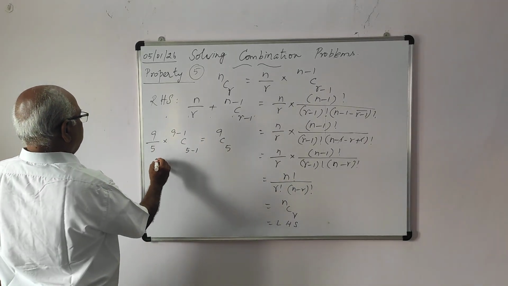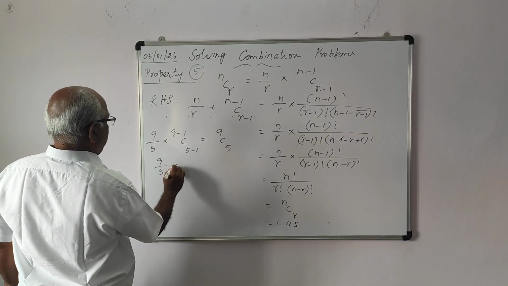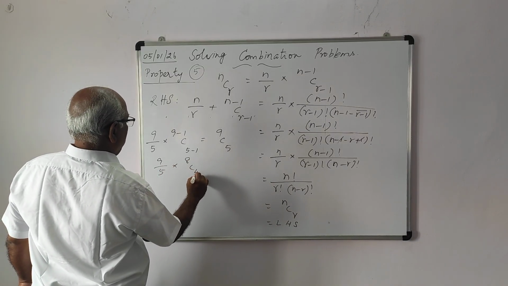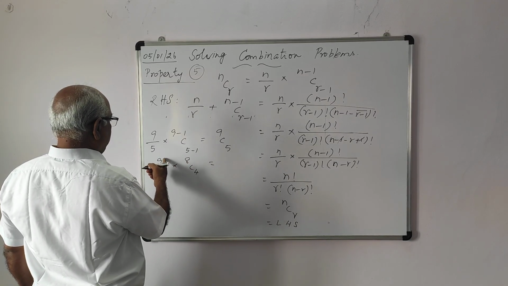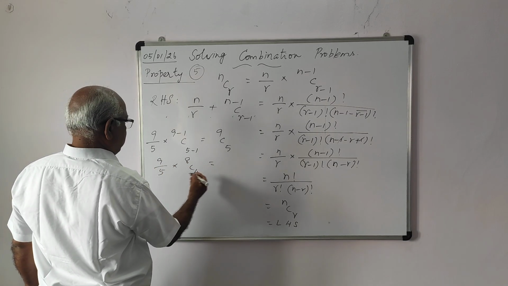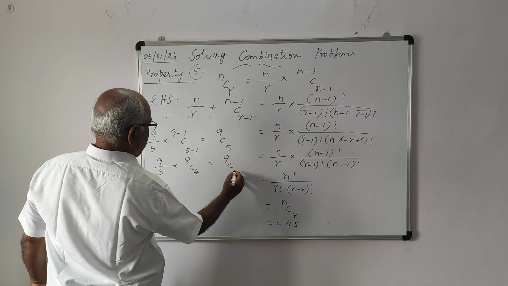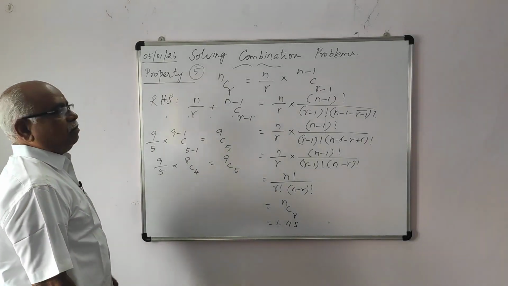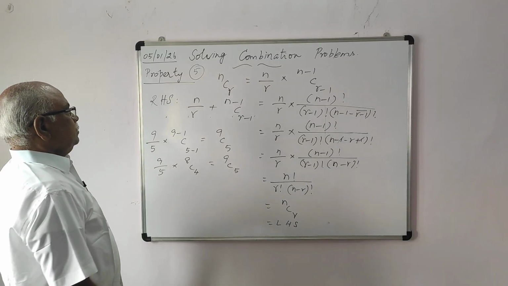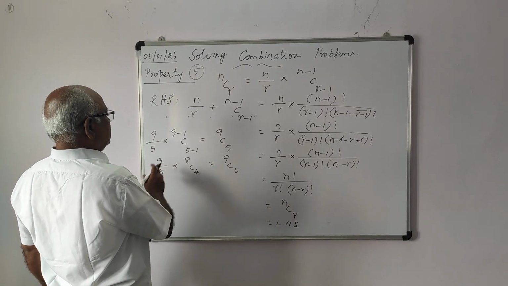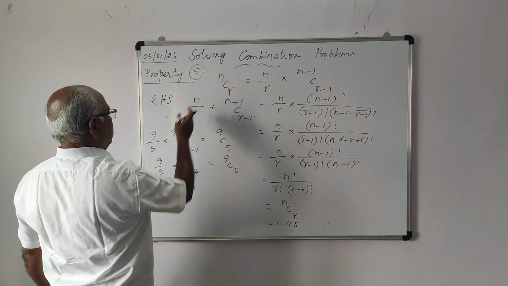It is 9 by 5 into 8C4. 9 minus 1 is 8, 5 minus 1 is 4. 9 by 5 into 8C4 is 9C5. That's the result of this property. Okay? That's all about the property and its application.